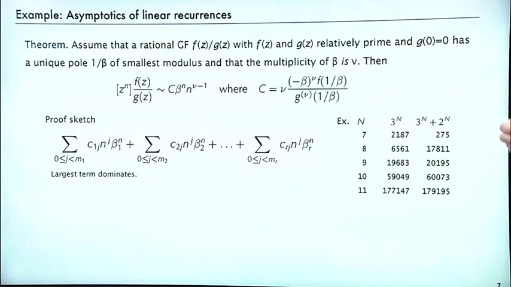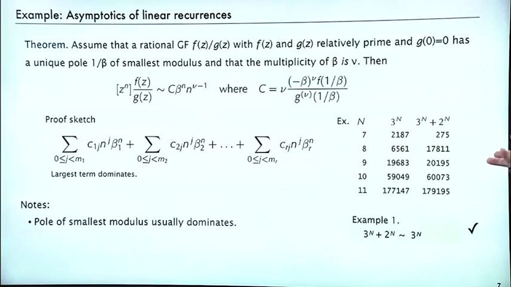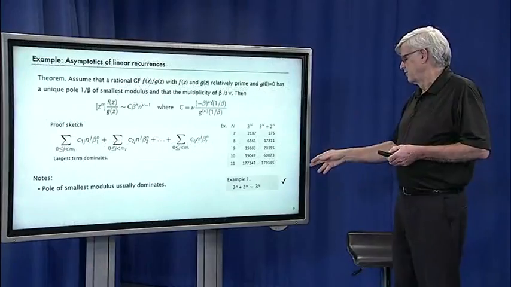So for example, if the roots are 3 and 2, then it might be 3^n and 3^n plus 2^n. And you can see as n gets even to 11, they're pretty close. And when n gets very high, they're going to get closer and closer. So usually the pole of smallest modulus really dominates.